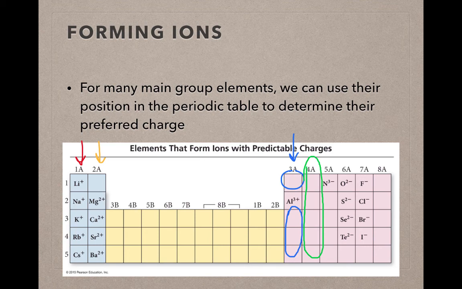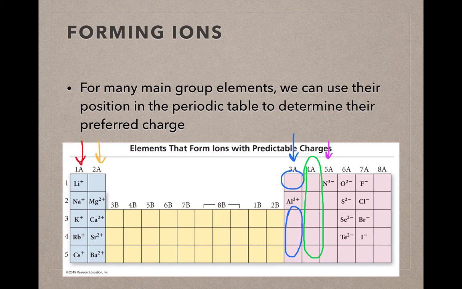Now we're starting to get into group 5A, and now we're closer to a noble gas by gaining electrons than losing them. Something like nitrogen in group 5A has 5 valence electrons, so it can either gain 3 or lose 5 electrons. It's going to be easier to gain 3, and when it does that, it gets a 3- charge.